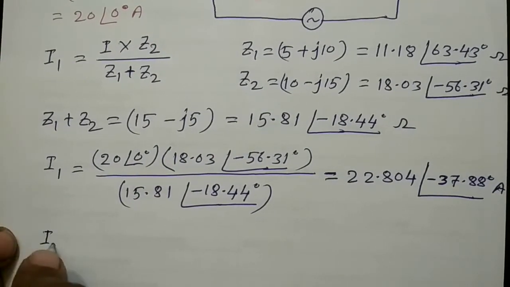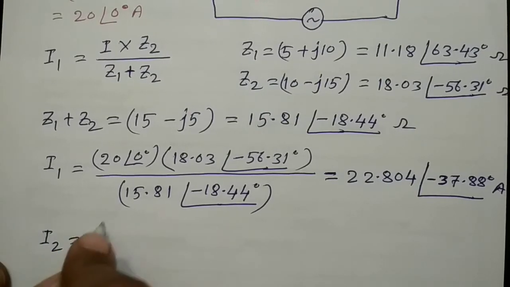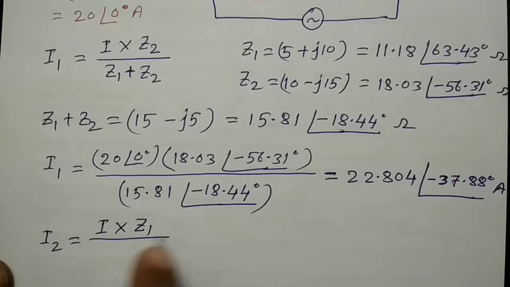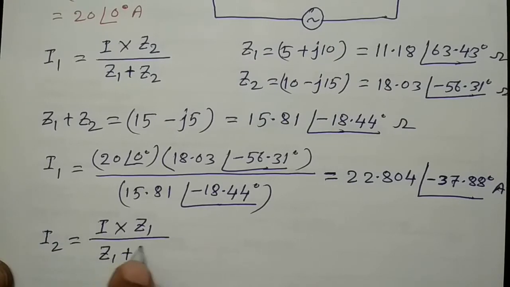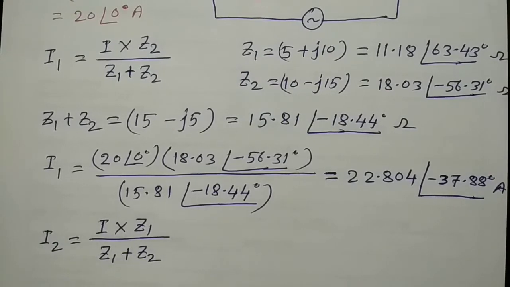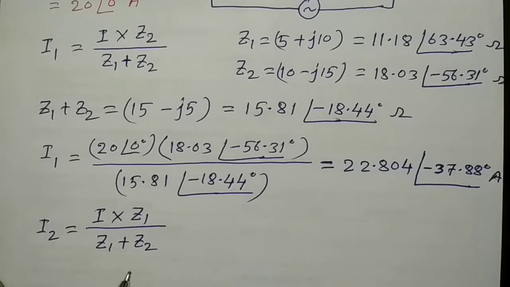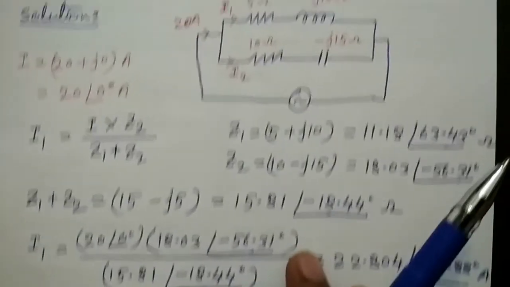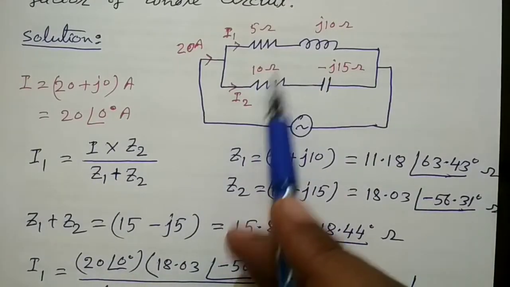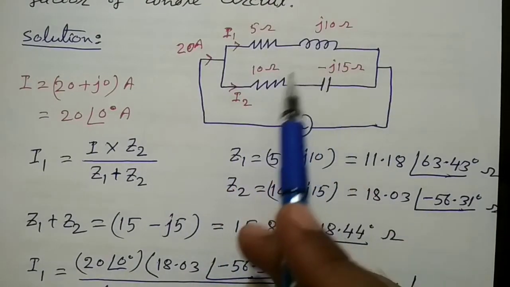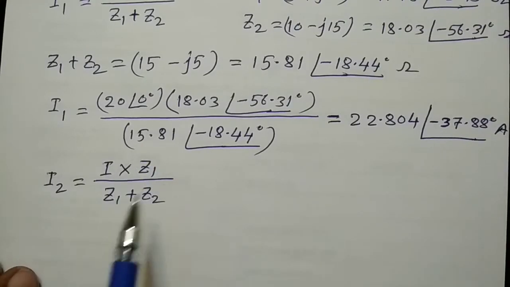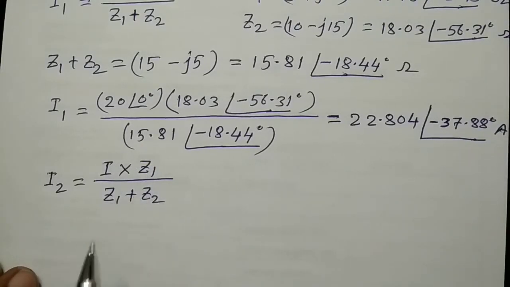Similarly, I2 can be calculated. We are using the current division rule, so it will be the total current into the impedance of the opposite branch upon the sum of the two impedances. Remember, in the first module we considered resistance only because there was no reactance. But here 5 and 10 are not in parallel; the entire impedance 1 is in parallel with impedance 2. That's why here we have to use Z1 and Z2, not R1 and R2.